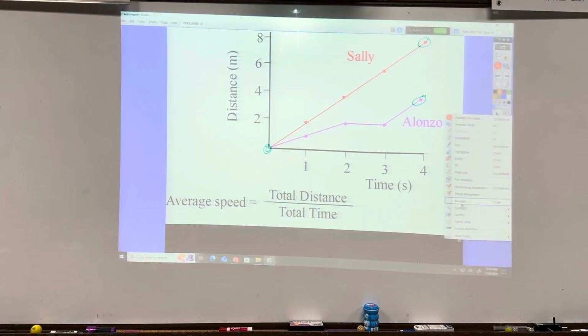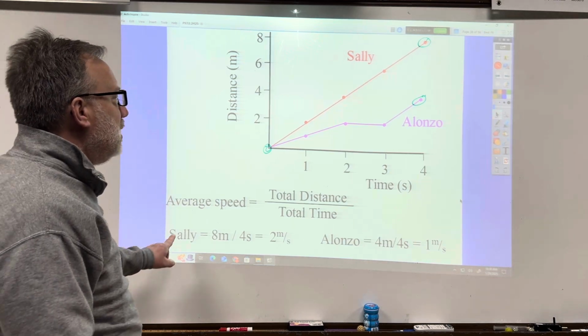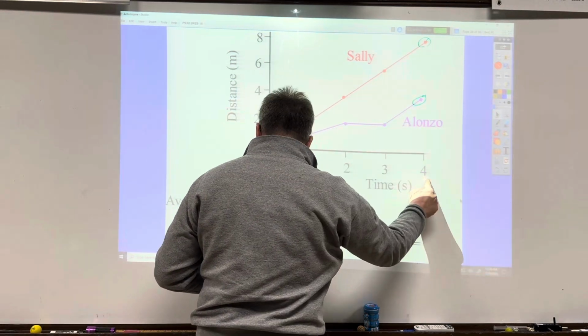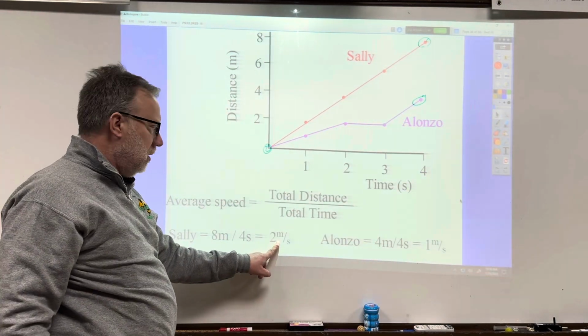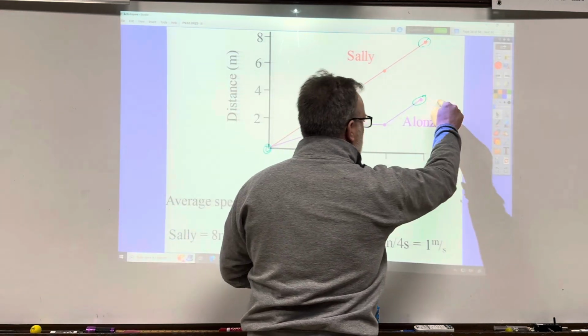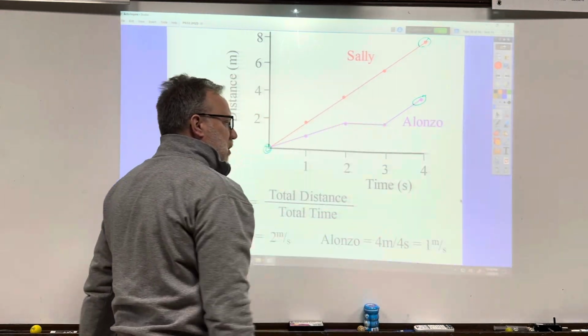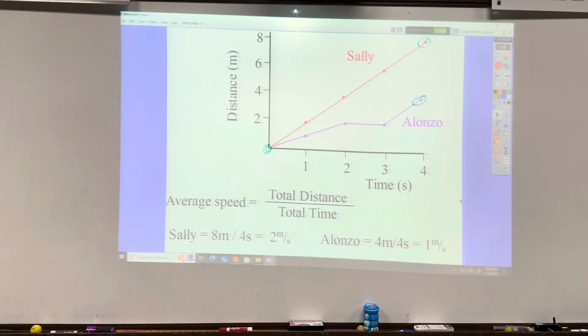And if you work it out for those two, Sally's going 8 meters in 4 seconds, which is 2 meters per second. Alonzo is going 4 meters in 4 seconds, which is 1 meter per second. Neither one of them is going very fast. I don't know why they call them runners here.